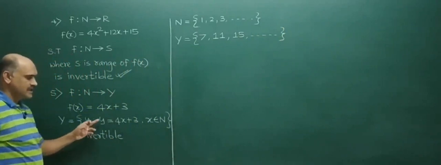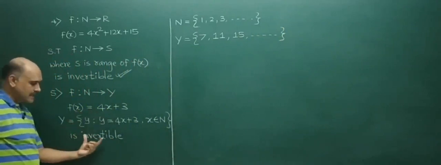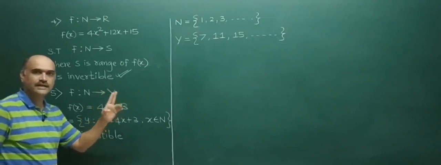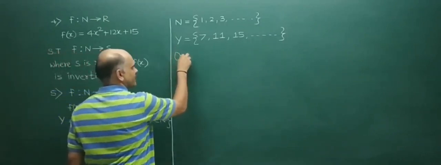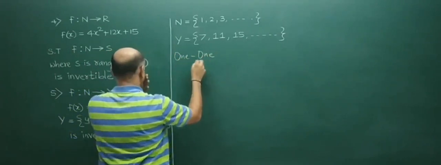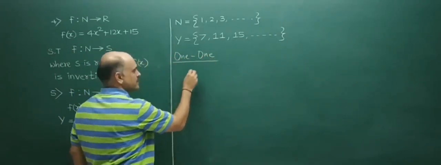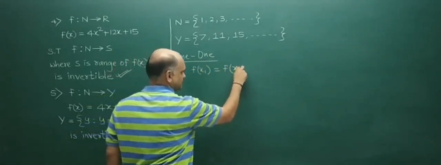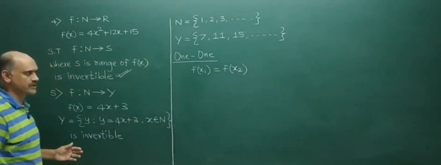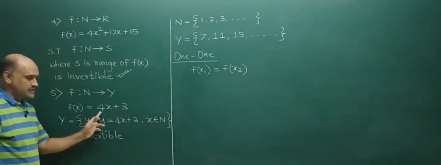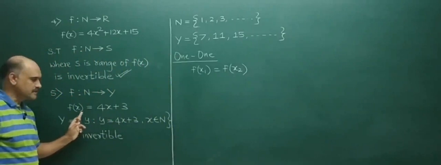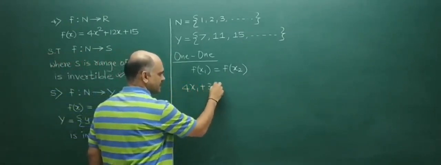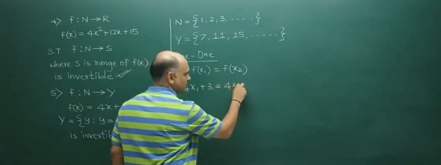So again first I will take 1-1. Here again he has asked to show it is invertible, means you are required to show it is 1-1 and onto. So first if I take 1-1, f of x1 is equal to f of x2. So substitute in this definition, f of x1 will be 4x1 plus 3 is equal to 4x2 plus 3.